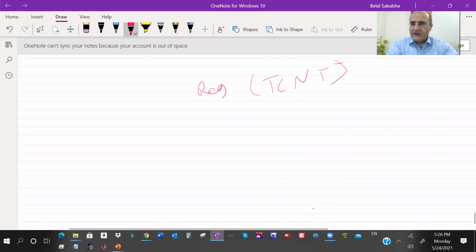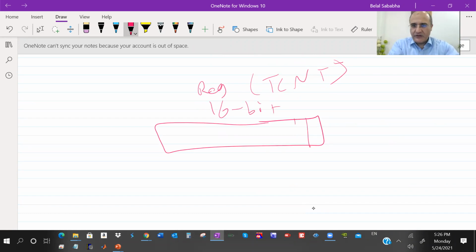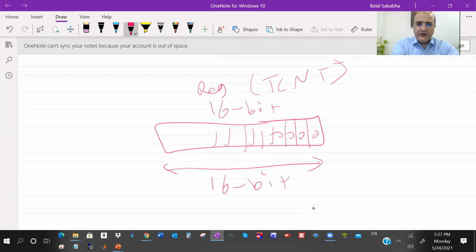You configure its clock. It is a 16-bit register in memory. It has an address. And it has a clock source, the clock after going through a prescaler to slow it down.